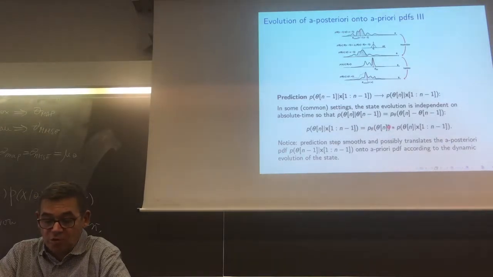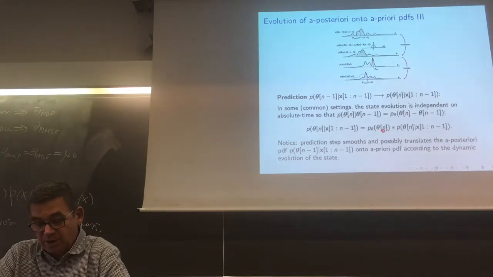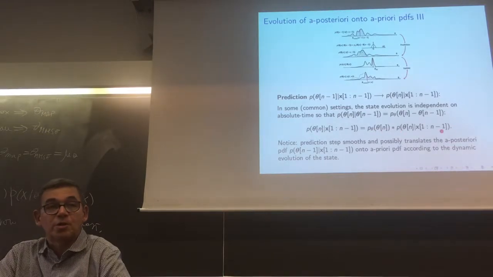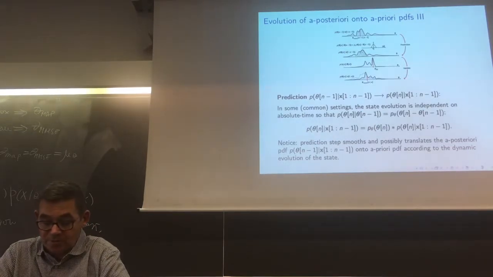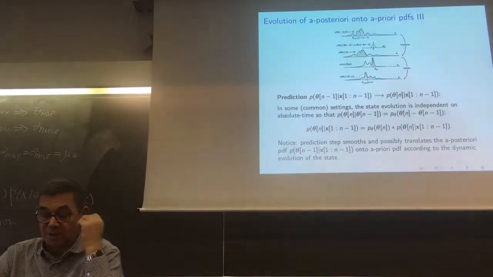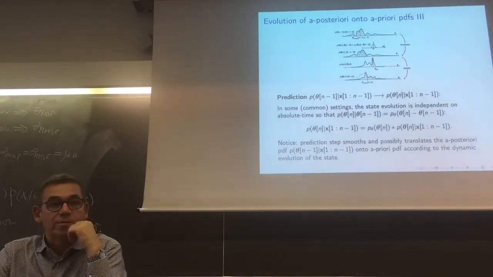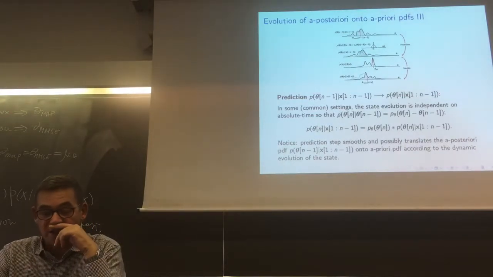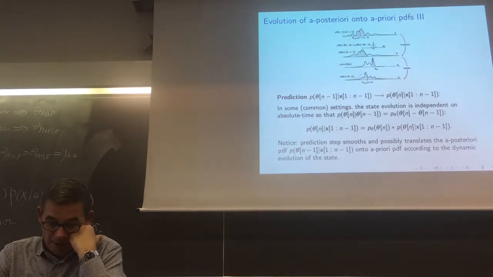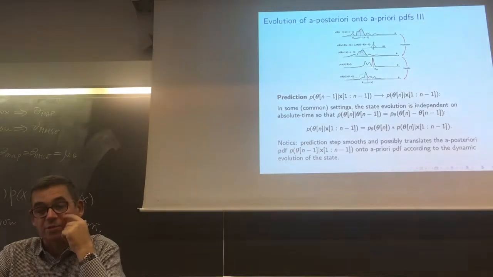So it's a convolution between the transition probability and the a posteriori one. So most of the cases are like this, except for some special settings. It depends on the problem. So I cannot state in a very general way that the transition probability is always independent of the absolute time.